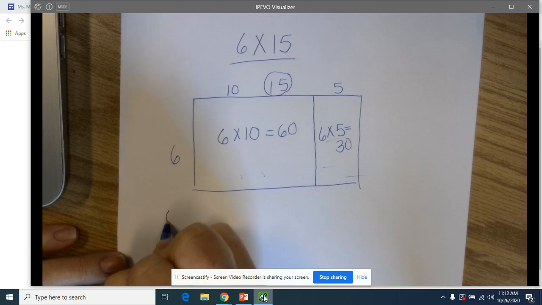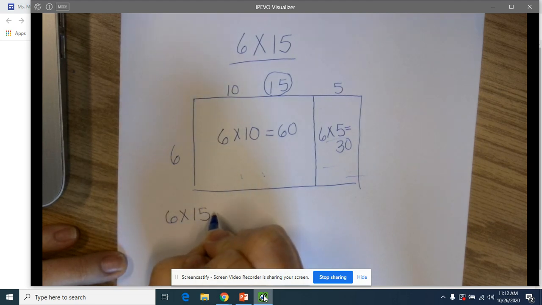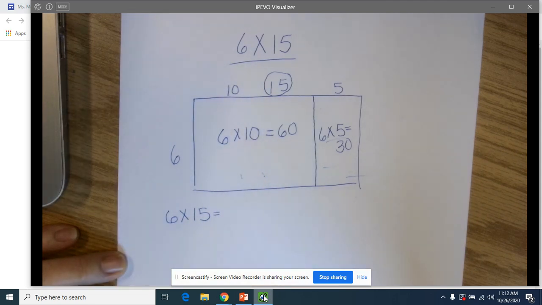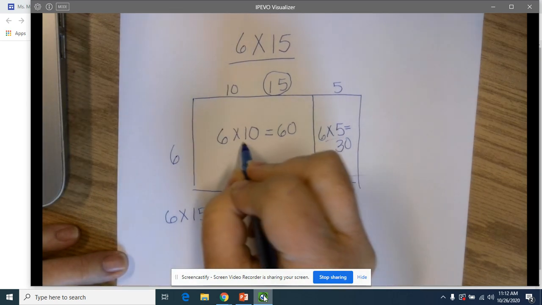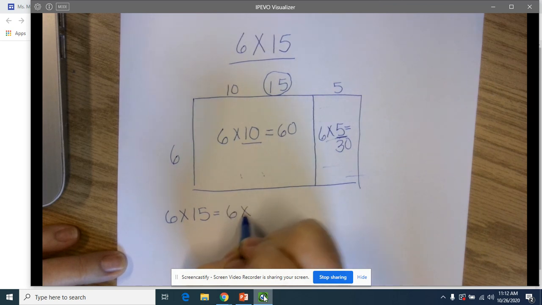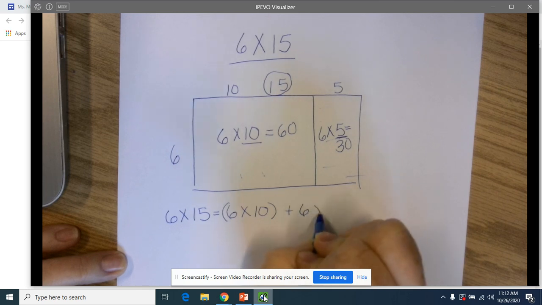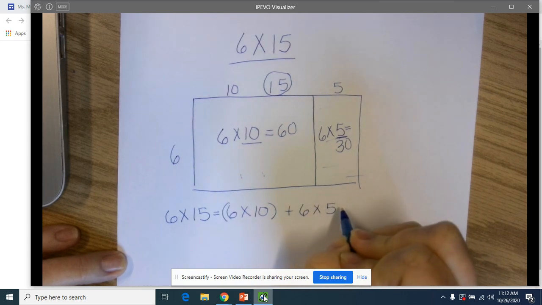So what would that look like in equations? We started off with 6 times 15. 6 rows of 15 students. And we decided to break that 15 apart into 10 and into 5. So we had 6 times 10 plus the 6 times 5.